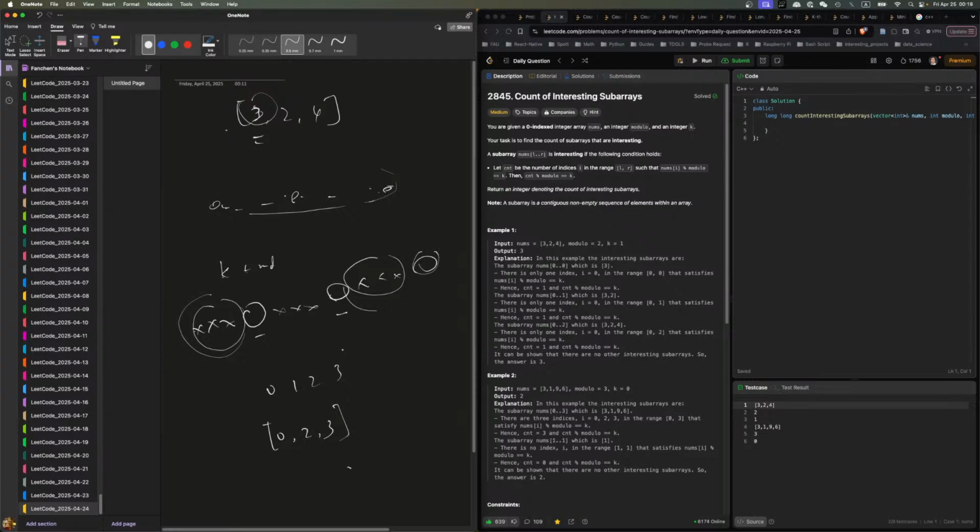There's no index i in the range 1 to 1 that satisfies. Oh, because it's 0. Yeah, so we start from count k. Count k is actually 0, so now you need to find... ooh, 0.